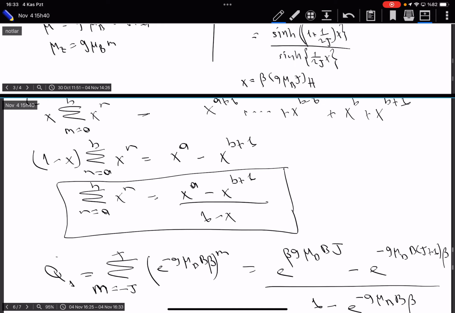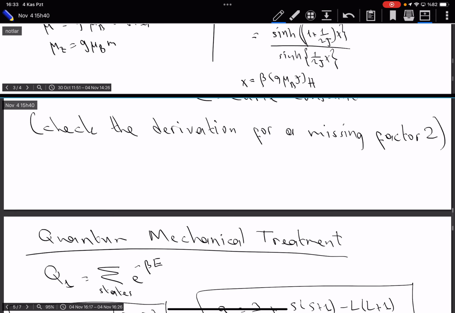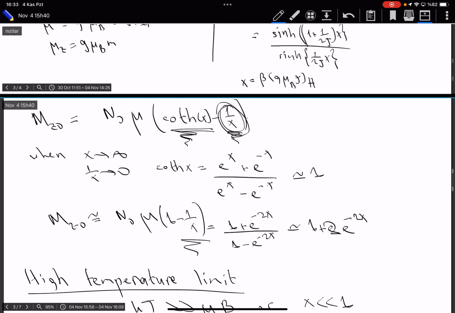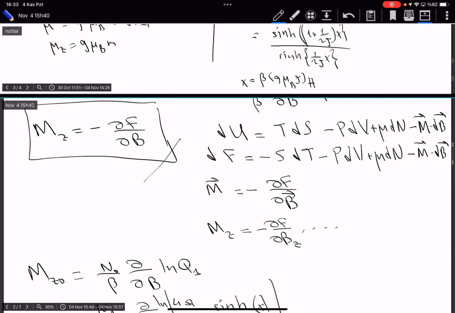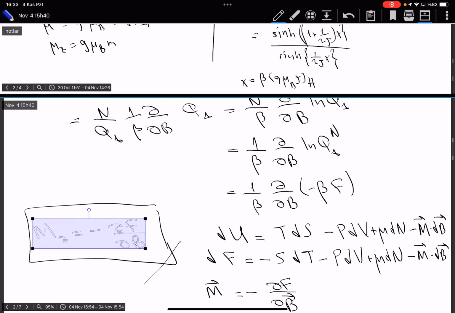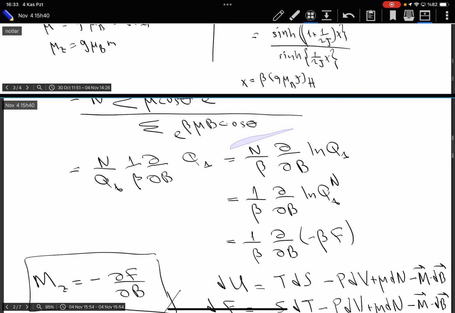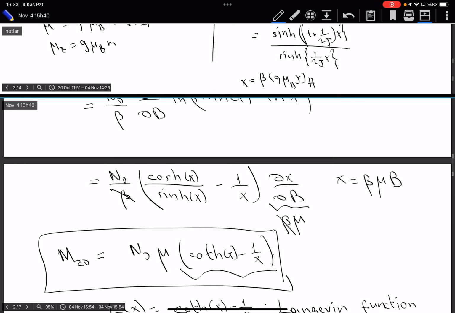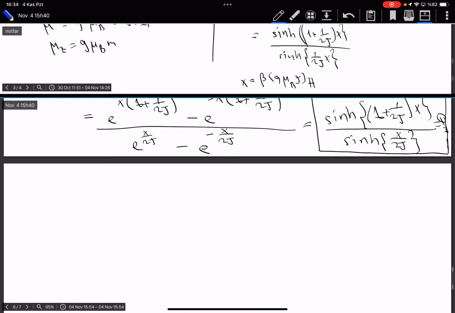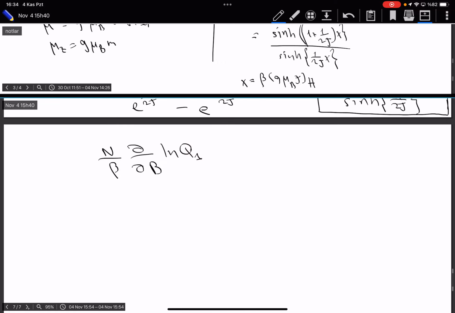The above derivation of magnetization is still correct, because that derivation didn't really make any assumption about how we summed over the microstates.